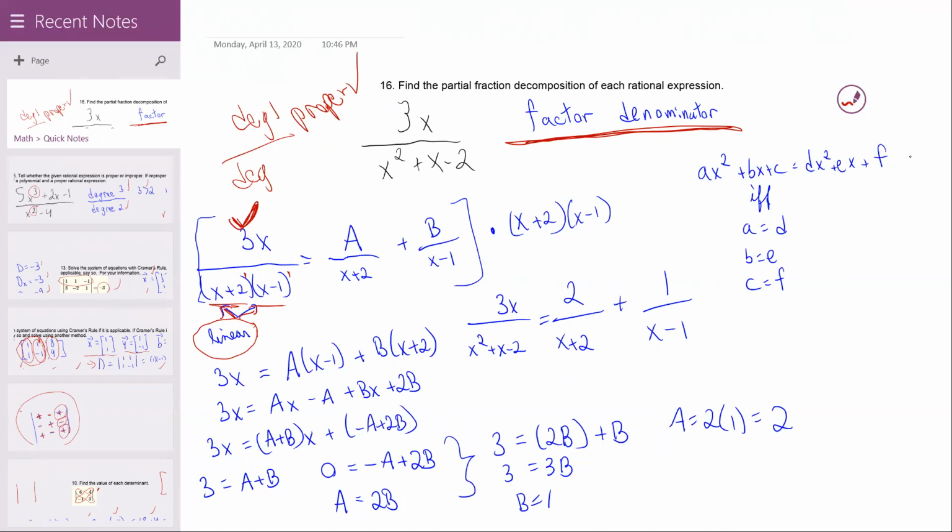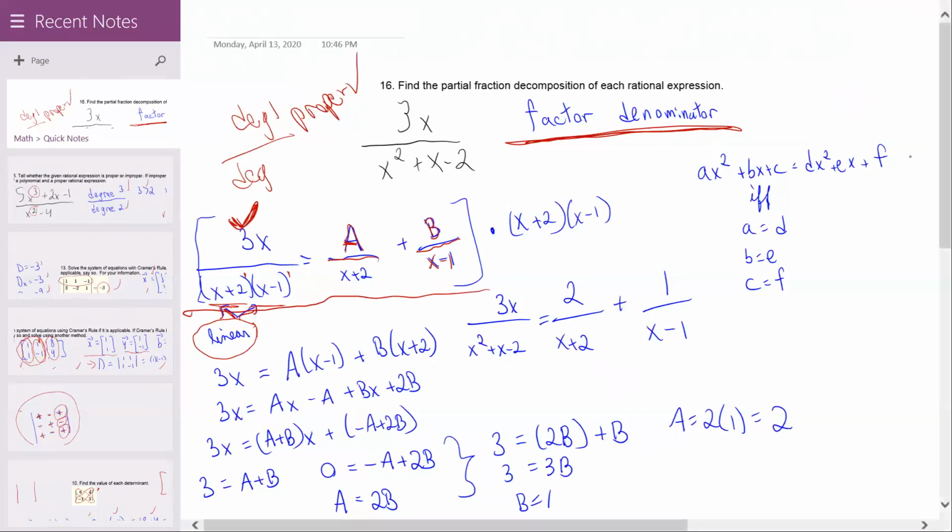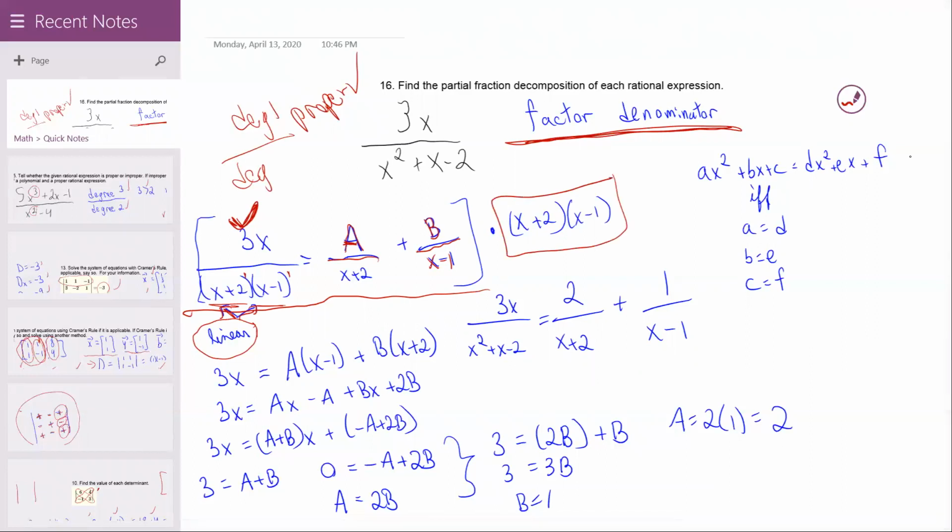So we end up with a, which is a constant, over one of the linear terms, and b, which is a constant, over the other linear term. And then after we set up this whole problem, we can multiply every term in the problem by the denominator of this side. So in this case, it's x plus 2 times x minus 1.